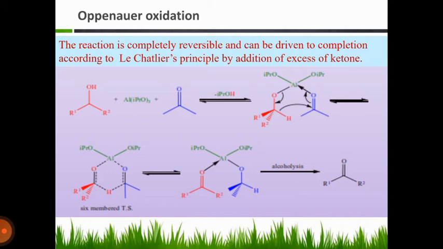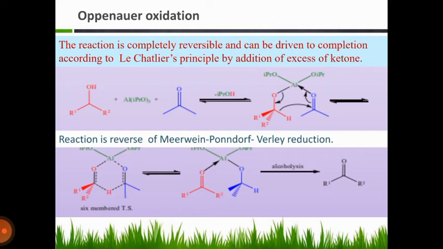So you get this aluminum ester and there will be a 6-membered transition state getting formed, and there will be cleavage of that 6-membered transition state, and finally alcoholysis will happen and you will get a ketone.